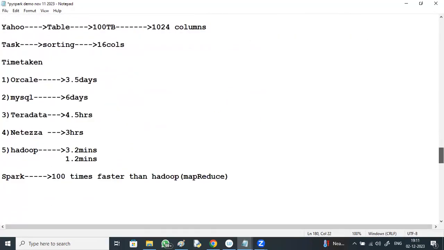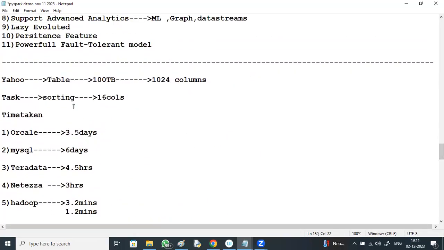If you want to see the speed, Yahoo took a table of 100 TB consisting of 1024 columns, and the task was sorting based on 16 columns. The time taken by the different databases: Oracle took 3.5 days. MySQL took 6 days. Teradata took 4.5 hours.